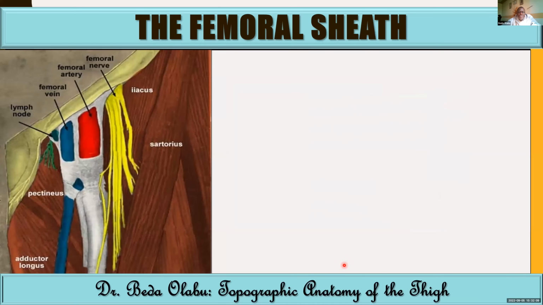Now, related to the femoral triangle is a structure we call the femoral sheath. The femoral sheath is a common sheath that contains the femoral vessels, especially the common femoral vasculature, femoral artery, and common femoral vein. They are contained within a common sheath, as we can see there, within the femoral triangle.